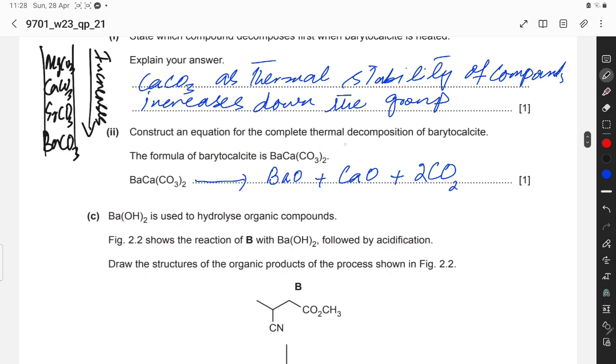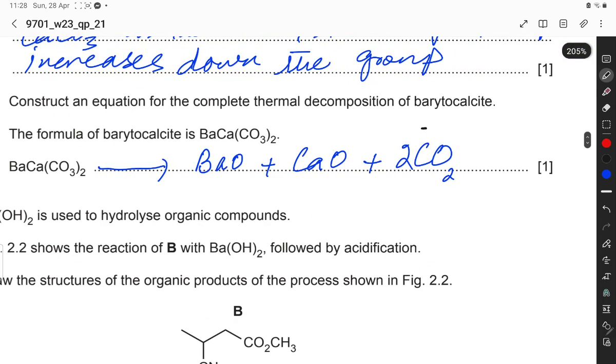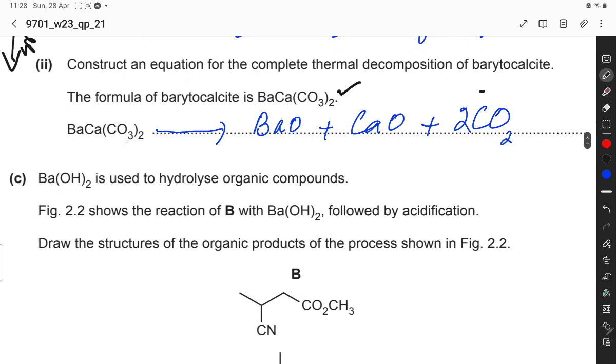Construct an equation for the complete thermal decomposition of barytocalcite. The formula of barytocalcite is this. So this is the decomposition of barytocalcite.